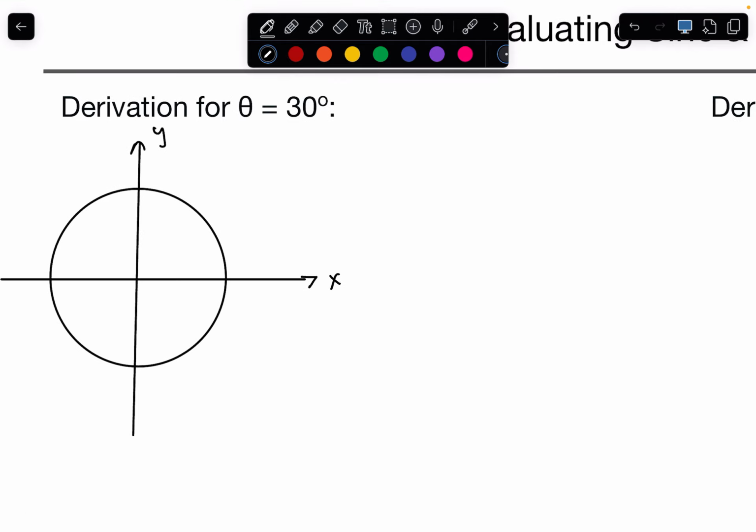So I knew 30 degrees is kind of low. Yeah, it's less than 45, so we're down here somewhere.